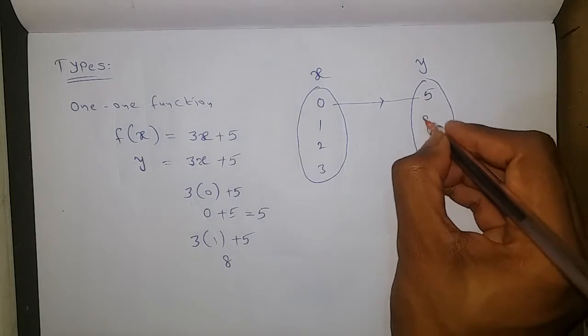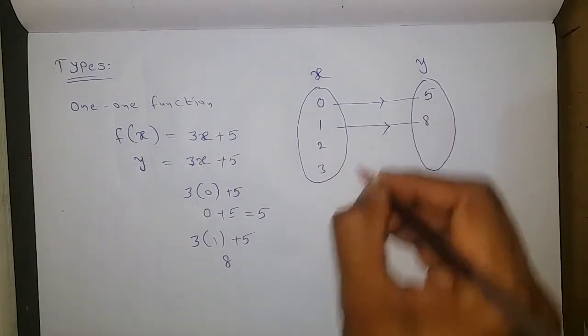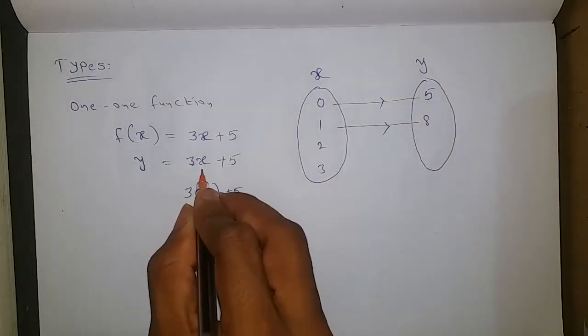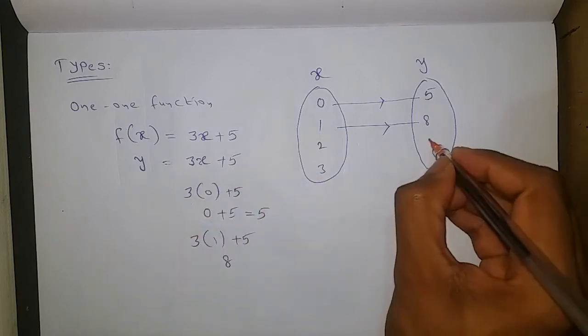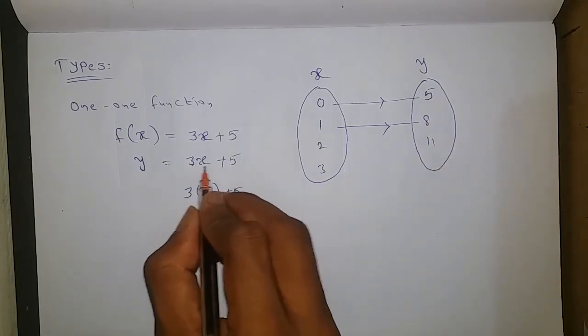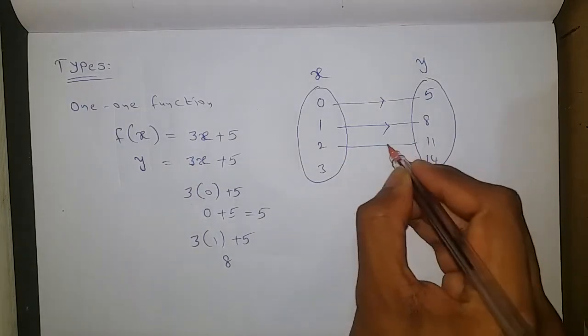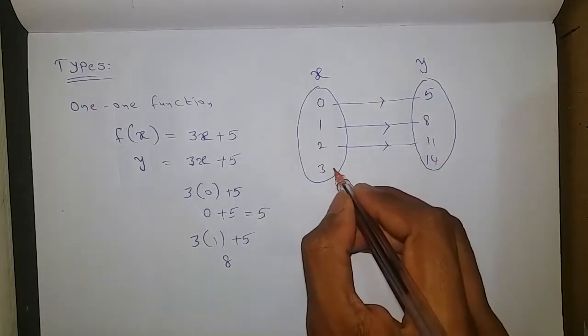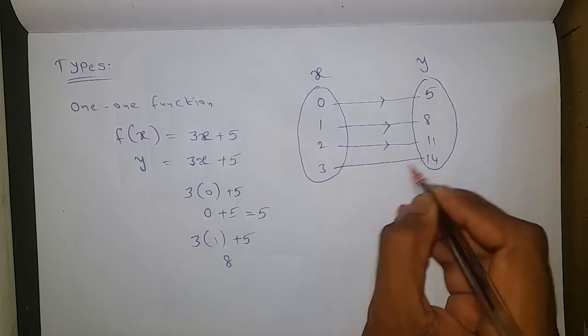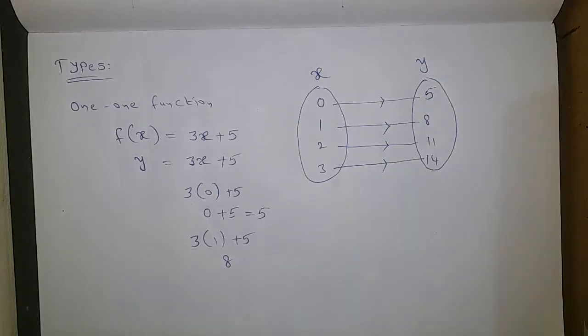So I got the output as 8. Next for 2, 3 into 2, 6 plus 5, 11. Next 3 into 3, 9 plus 5, 14. So for 2, I got the output as 11. Input if we give as 3, we got output as 14.